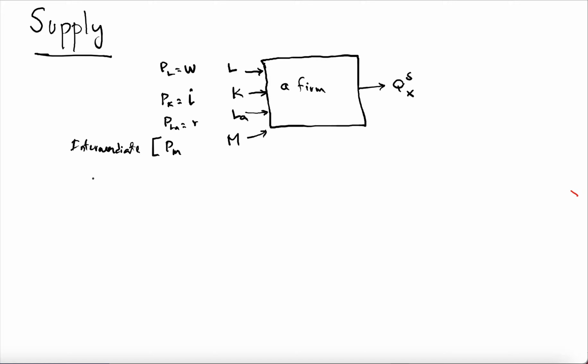Later in other chapters, we need to understand this. So if we multiply them by the magnitude that has been hired, this is called total cost. And they expect to sell at the price of X, the price of the same commodity. Of course, they are competing with the price of other similar commodities, like if X is Samsung Galaxy, so they are basically looking at the price of other commodities.